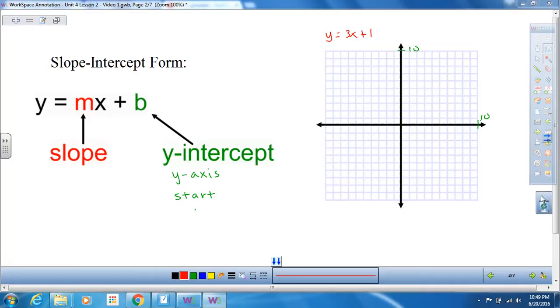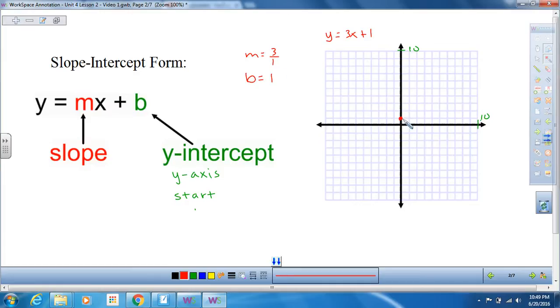Okay, so that means that my slope is 3, and we like slope as a fraction because it's our rise over run, and my y-intercept is 1. So that means I start at the y-axis at 1.